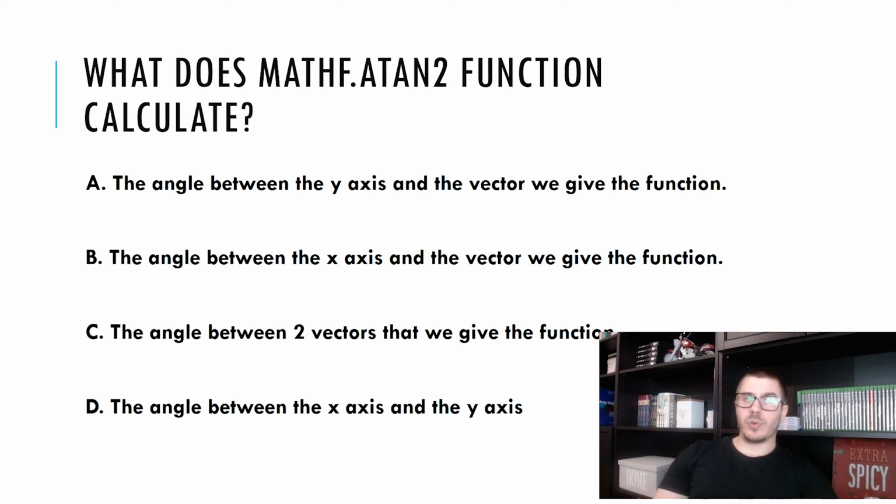I'm gonna give you a couple of seconds for this one. And if you have chosen the angle between the x-axis and the vector we give the function, then that is correct. We don't calculate the angle between the y-axis, we don't give the function two vectors, and of course we don't calculate the angle between the x and the y-axis because that is 90 degrees.